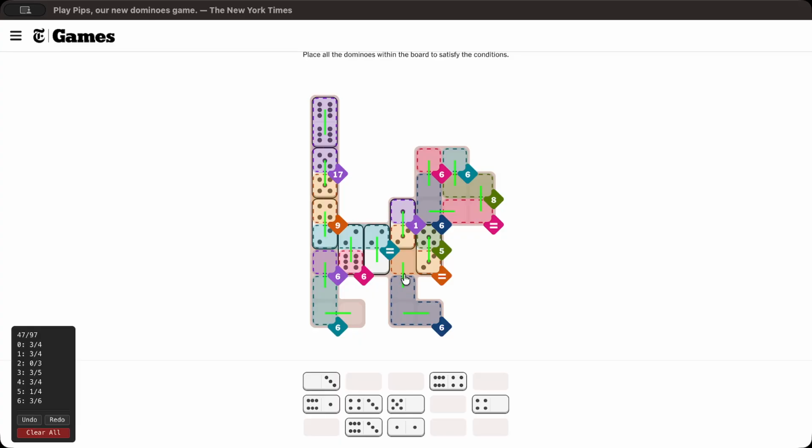So this is a 3 blank or a 3 4. If it's a 3 4, this has to be a 2 0 or a 1 1, which is possible. If it's a 3 blank, this has to equal 6, which we don't have a cell that equals 6. So this is a 3 4. And then this is a 1 1.